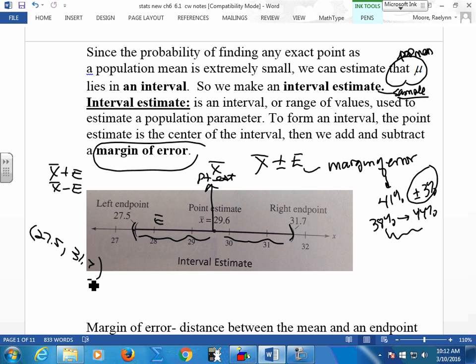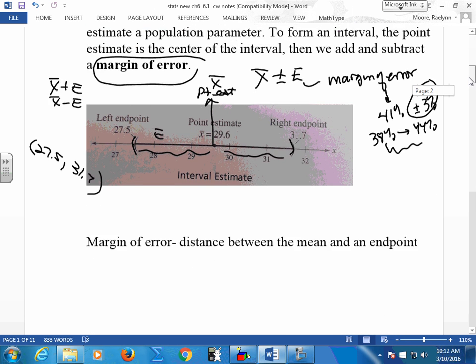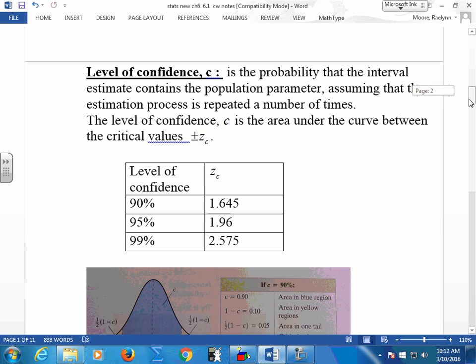We found your sample mean. By making an interval, we want to be confident to a certain extent that your population mean will fall between those two numbers. We're making an inference about your population from your sample. Okay? Okay. Just so that you kind of get that part.